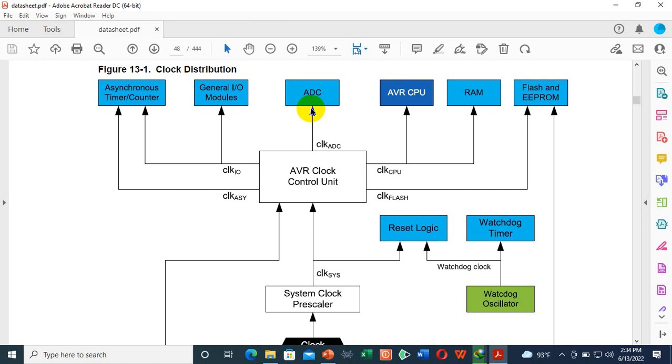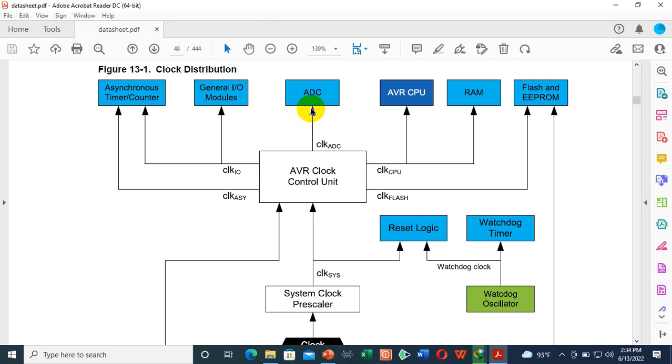By using a device called a sensor. The sensor senses the analog data, then converts that analog data to a voltage in the range of 0 to 5 volt. Now this voltage gets sampled by the analog to digital converter.